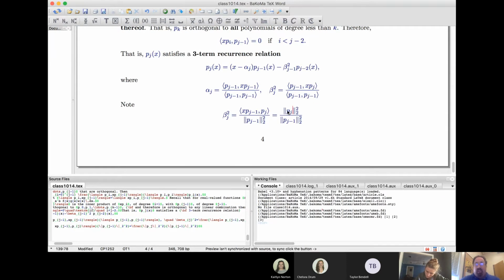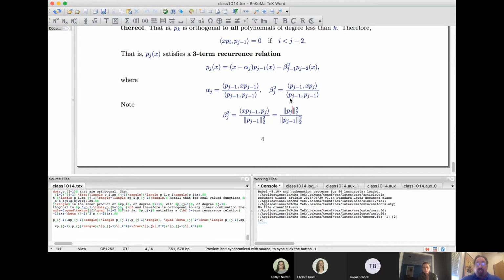That's why we know that this is a positive number, so we can write it as beta_j squared. That's really a notational convention. We could have called this anything, but it turns out to be convenient for other things to take this expression and call it beta_j squared instead of just beta_j.